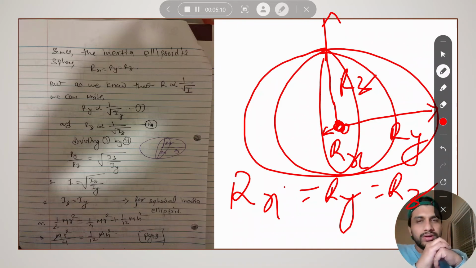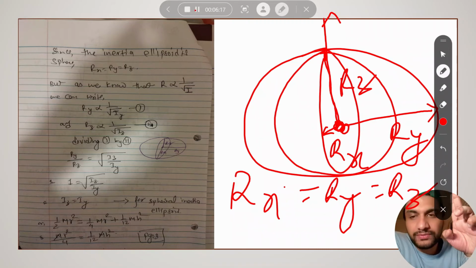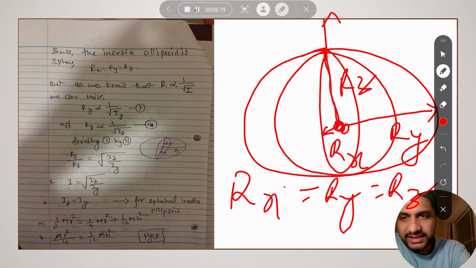So we are going to apply that approach. The radius of the inertia ellipsoid is inversely proportional to the moment of inertia. So you can write those proportionality equations for Rx, Ry, and Rz like this.